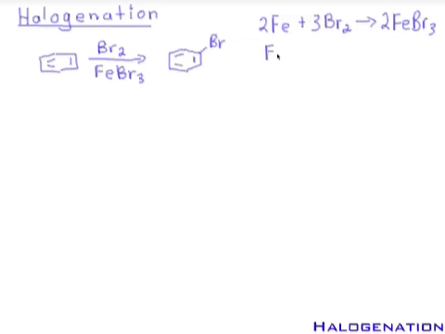FeBr3 will then react with the bromine molecule, Br2, and produce our electrophile. FeBr4 minus is produced, and the electrophile Br plus.